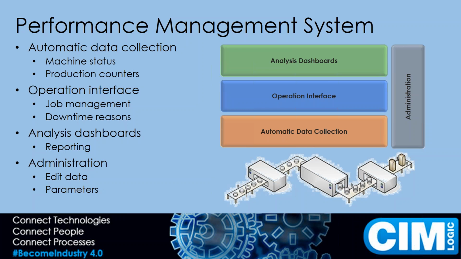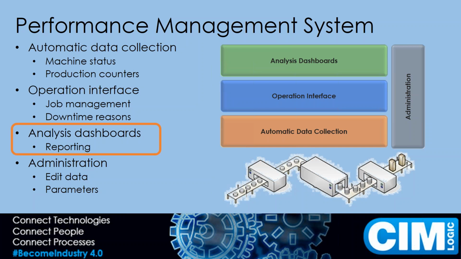On these workstations, the operator can provide additional context information about the job that is running, the production order, the product that is running, and can assign downtime reasons. So, complementing the information that is gathered automatically, the operator can assign typified reasons why the system stopped, or complement that information with notes. Usually that is the goal of the operation interface.